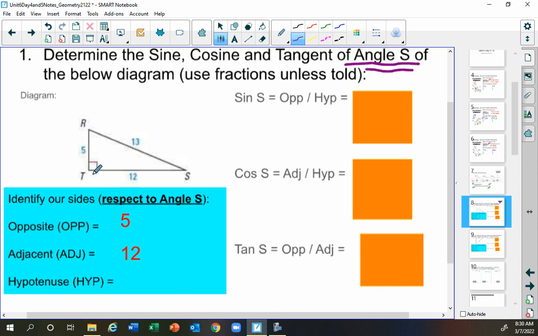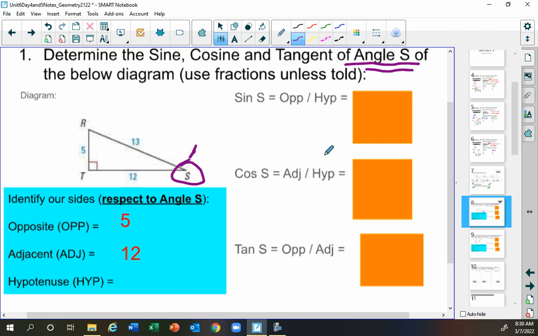Here, here, or there? Is this angle S? Do I go up or right to get the angle S? To the right. There's angle S. So that's the first thing you need to do. Identify your angle. So step one, identify angle S.